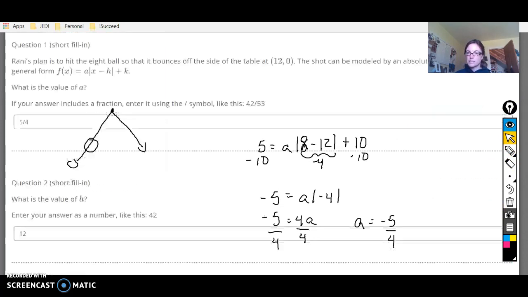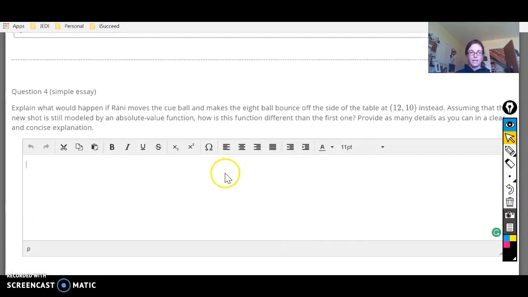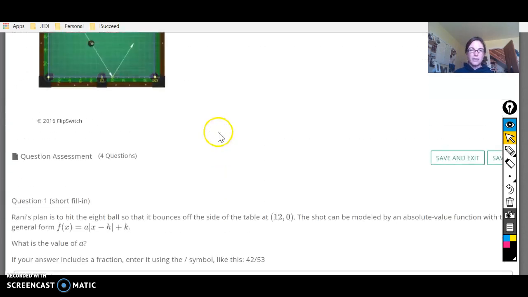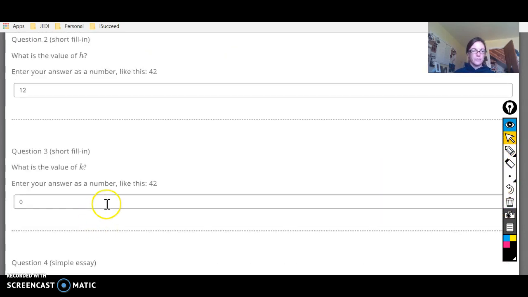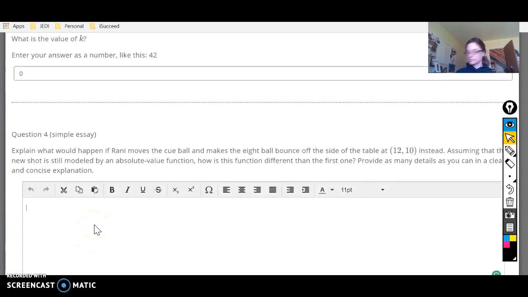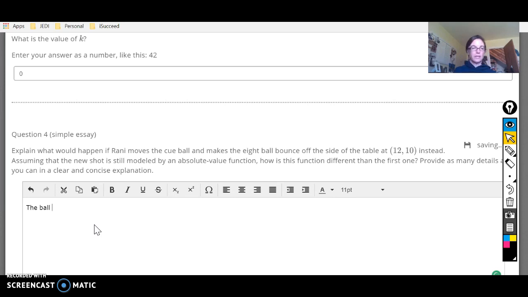So let's type that answer in. And let's see, the ball will go into the bottom. That's the other thing I kind of forgot to mention. Instead of the top right corner, the trajectory now has it going down into this bottom right corner, okay? So the ball will go down into the bottom right corner.